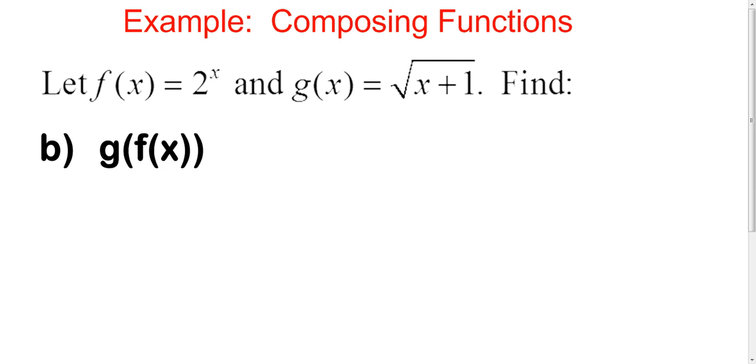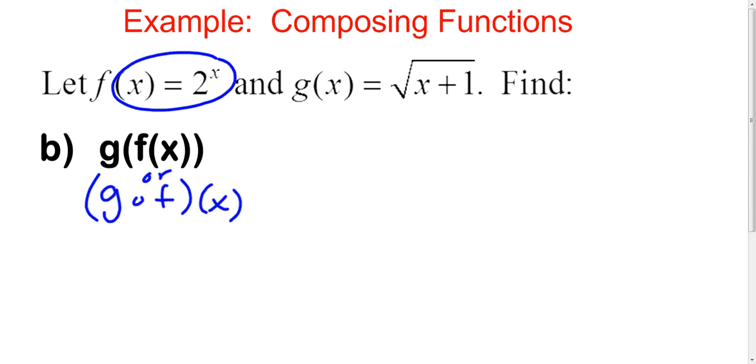Okay? All right, and now we will go the other way around. Again, it can also be written like this. You might see it like that. It means the same thing. Okay, just different notation. This time you're starting with function f, and function f has no restrictions on the domain. I can take 2 to any power at all.